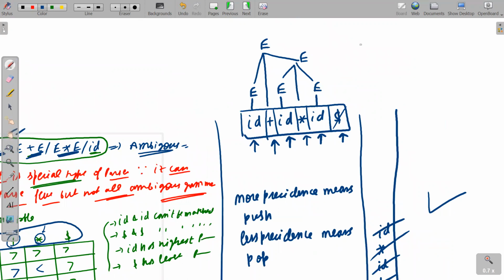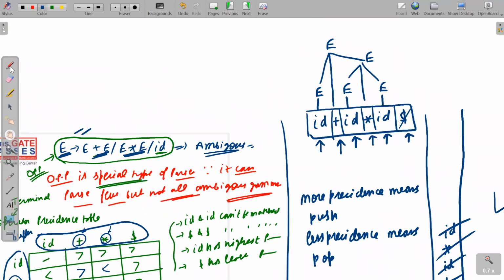If we look carefully at how we have constructed the parse tree: E goes to E plus E, and E goes to E star E, E goes to ID, ID and ID. This is the exact parse tree which we want.